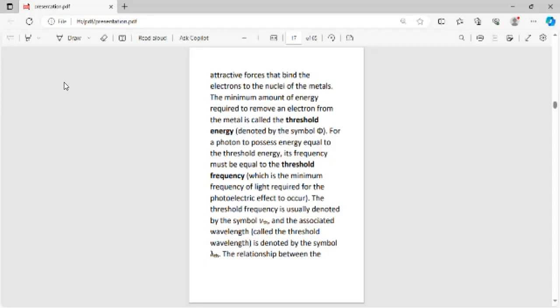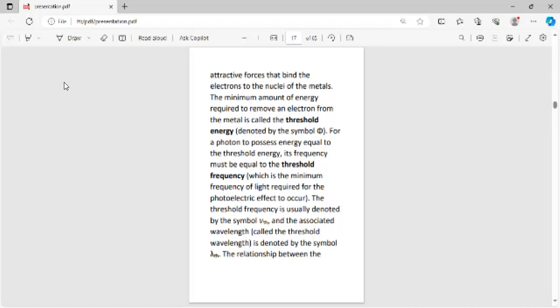This minimum energy that is required by the electron to break the bonds from the metal and to become free is called the threshold energy, and it is denoted by phi. For a photon to possess energy equal to the threshold energy, its frequency must be equal to the threshold frequency, and its wavelength must be equal to the threshold wavelength.